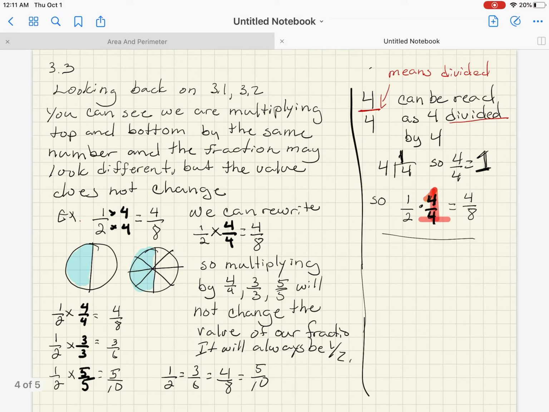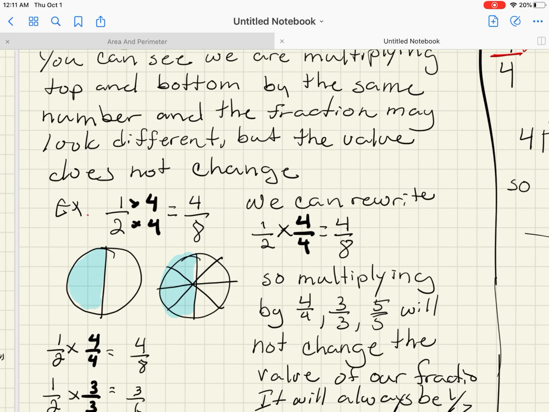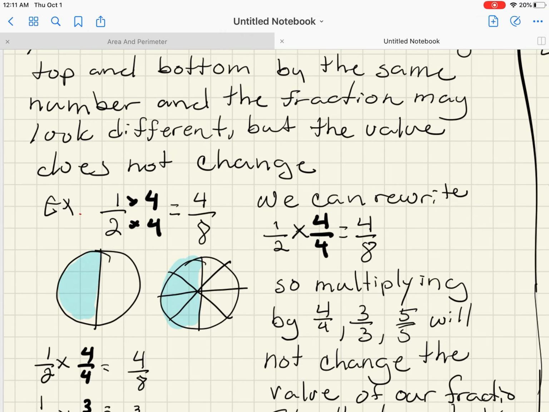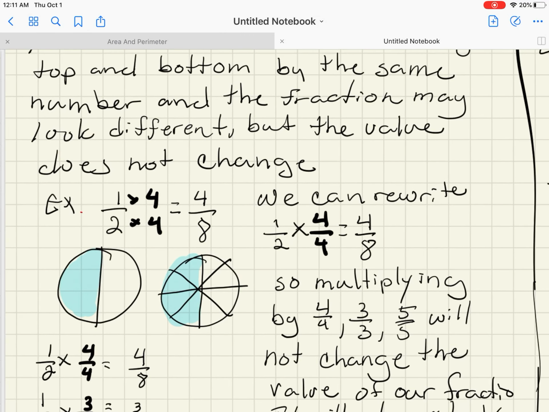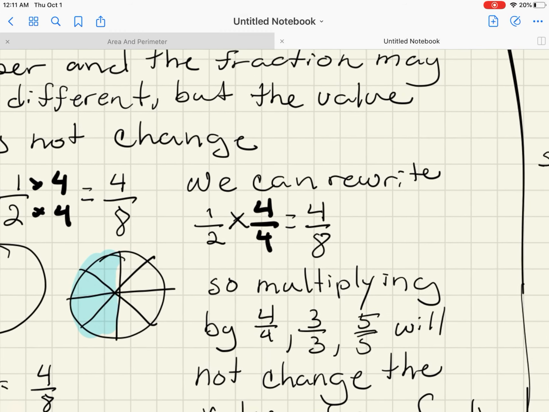The next concept that we're going to be working towards is understanding that 4/4 is 1, 3/3 is 1, 5/5 is 1. Okay, that's what we're trying to understand. And once again, if you look at the 1/2, we can clearly see that 1/2 times 4 gives me my 4/8. What I want to do is just make that look a little different.